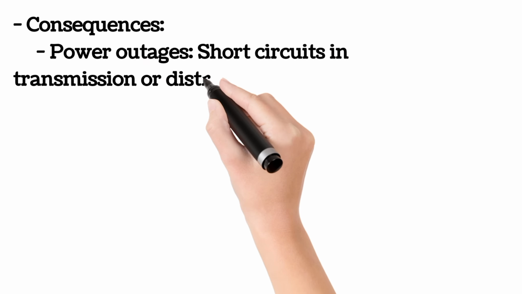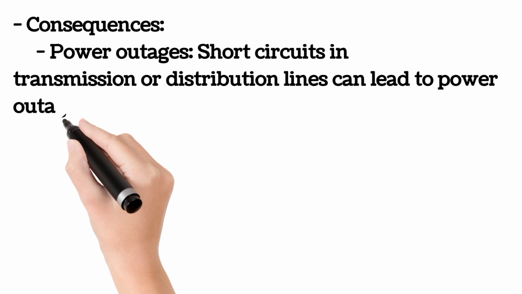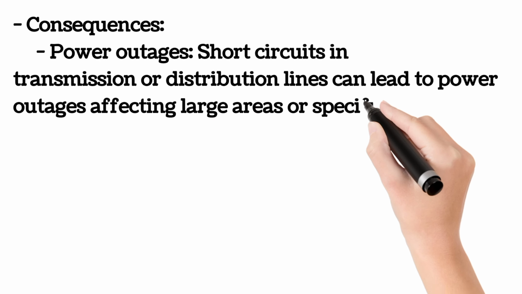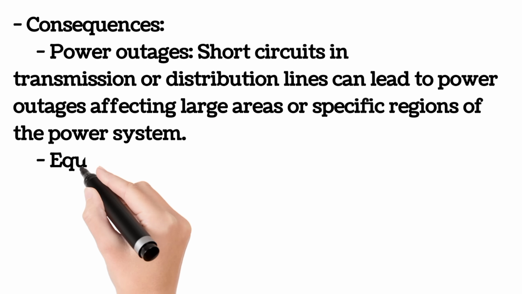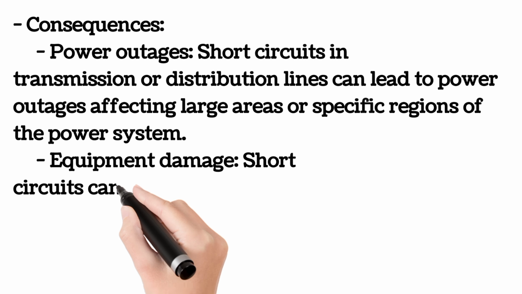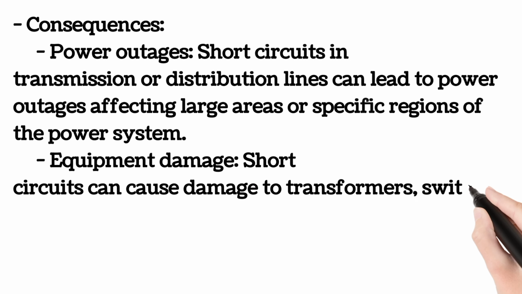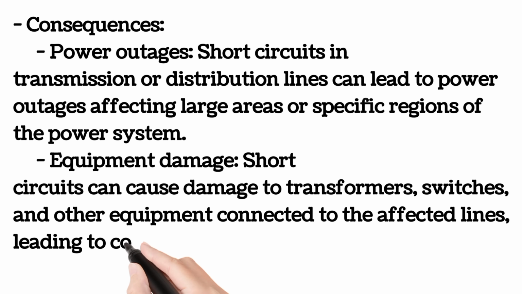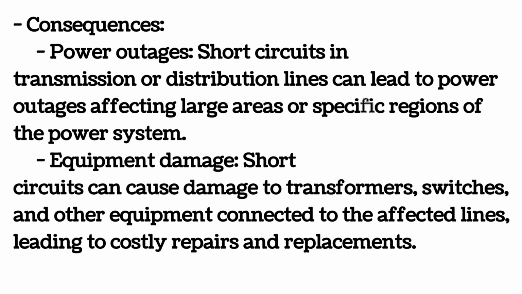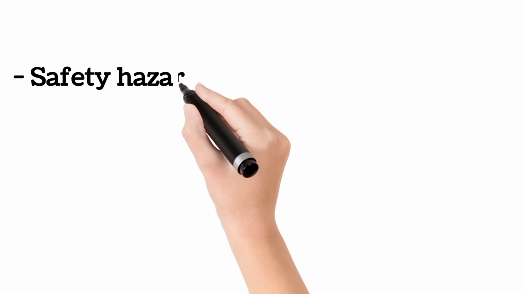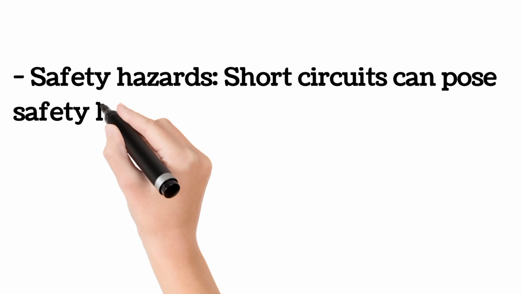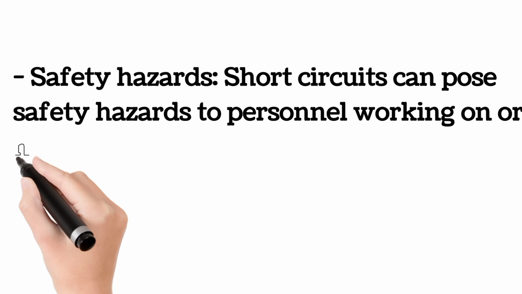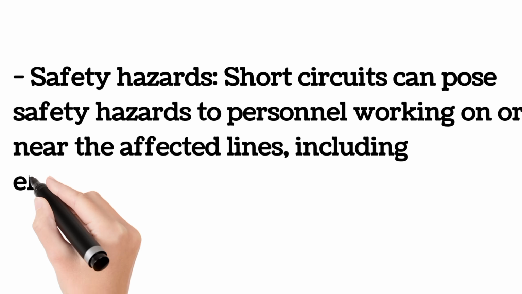Short circuits in transmission or distribution lines can lead to power outages affecting large areas or specific regions of the power system. Equipment damage. Short circuits can cause damage to transformers, switches, and other equipment connected to the affected lines, leading to costly repairs and replacements. Safety hazards. Short circuits can pose safety hazards to personnel working on or near the affected lines, including electric shock hazards and fire risks.